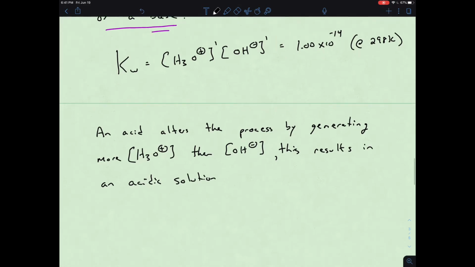So if we have a general acid, we can show it reacting with H2O in an equilibrium process as well to make hydronium ion, and then we would have A minus as a product.